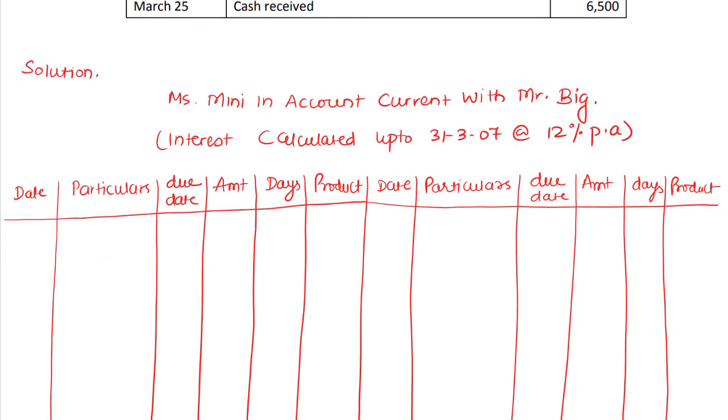Credit side, 1st January 2007, by balance carried down, amount is 3500. What will be the due date? The same date, the opening date, will be the due date. Let's move ahead.